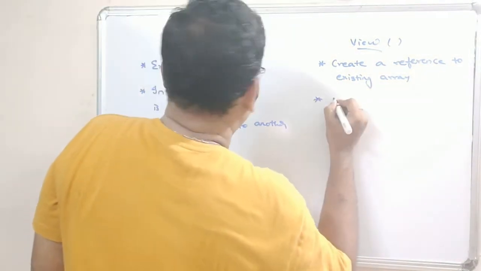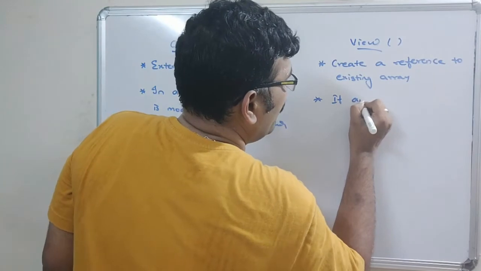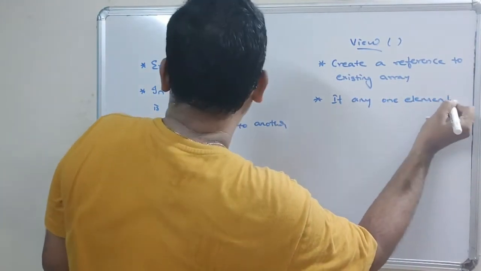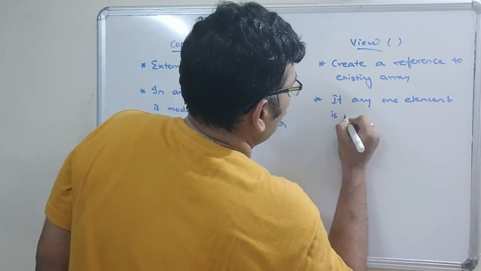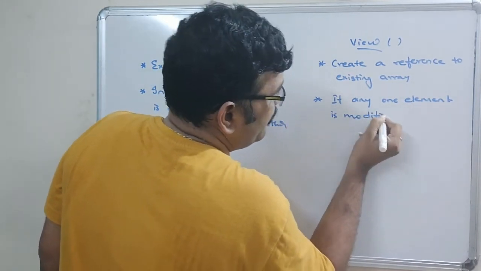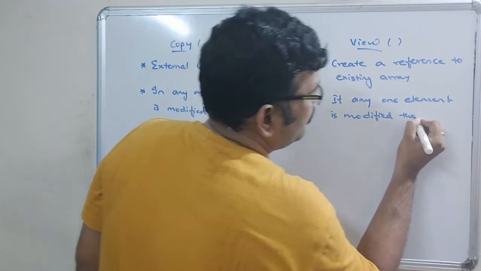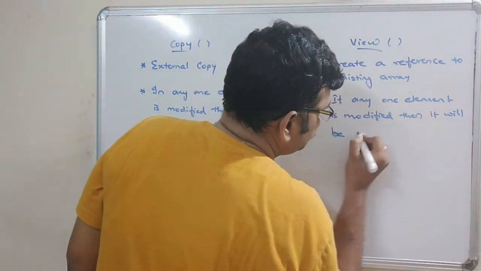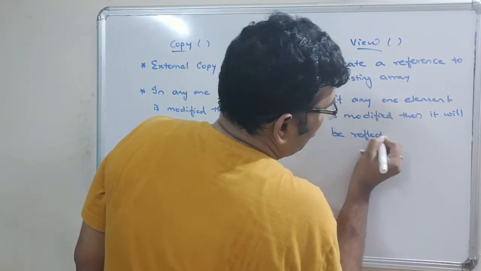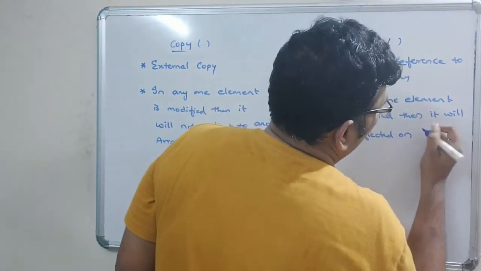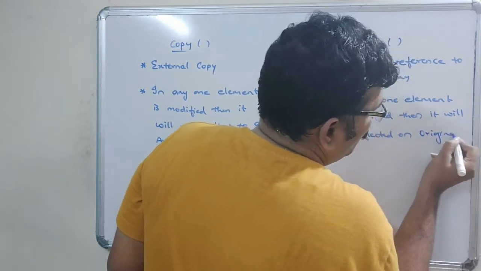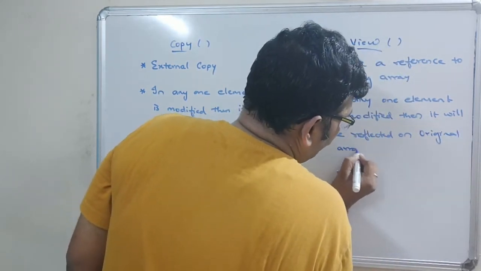And here, in the view, if any one element is modified, then it will be reflected on the original array, right?